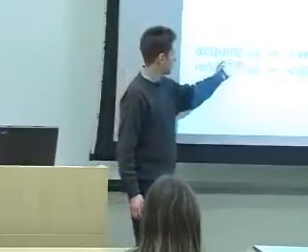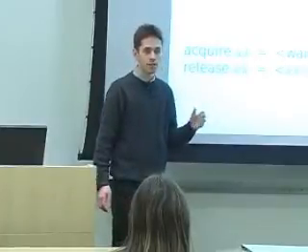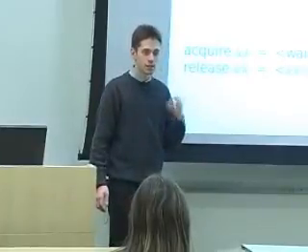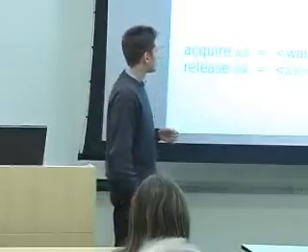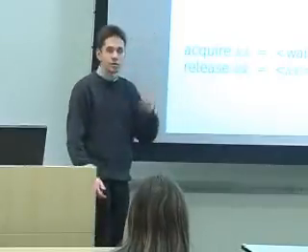And if the lock variable can take only the values true or false, that means lock is held or lock is not held, then this program cannot be handled by the thread-modular approach.